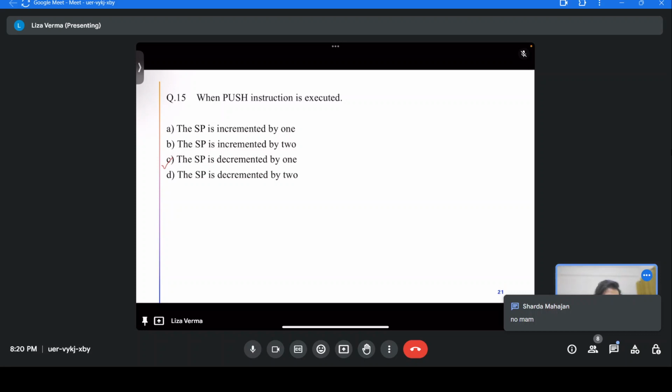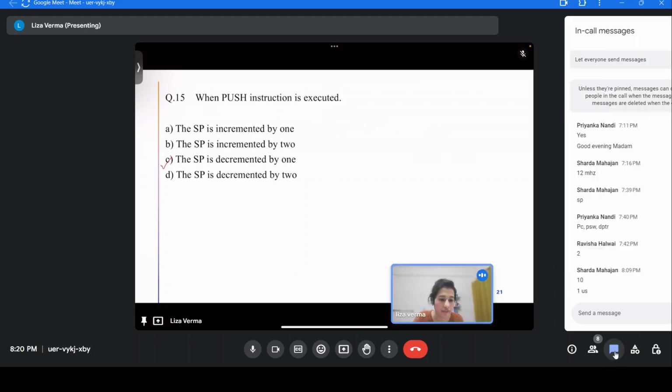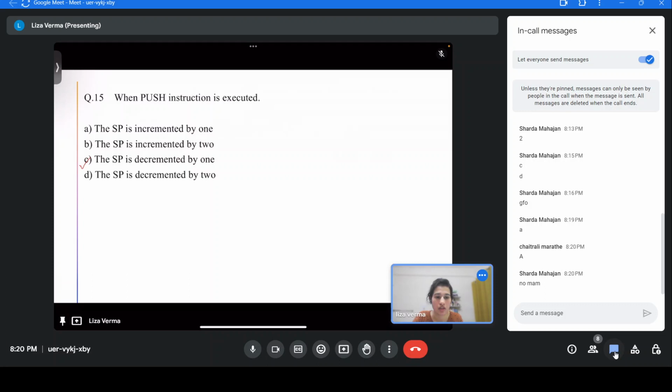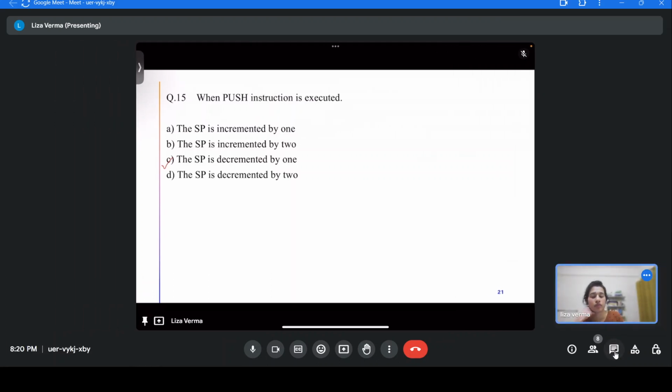Yes, Sharda. Was that no for this question? Yeah, that's what I'm thinking. I don't know why I'm stuck. I guess I'll check it also. There's something that I'm not able to recall.